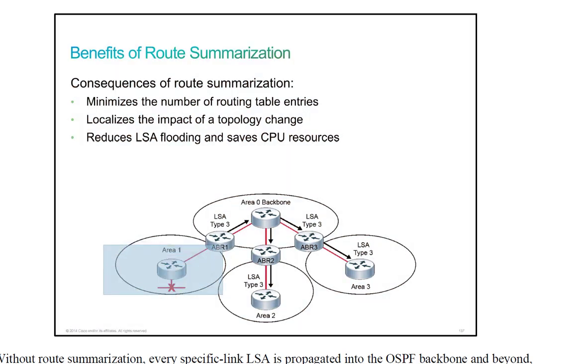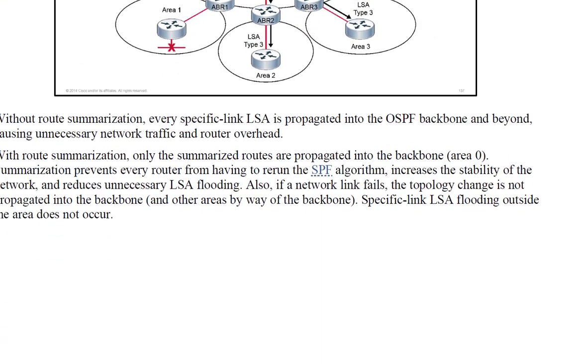Because if you have 1,000 Type 1 LSAs in Area 1, you're going to get 1,000 Type 3 LSAs into the backbone. Summarization is not enabled by default. So any change in Area 1 is going to result in a change in the Type 3s going out to Area 0. That's why it's really important that we consider this concept of summarization.